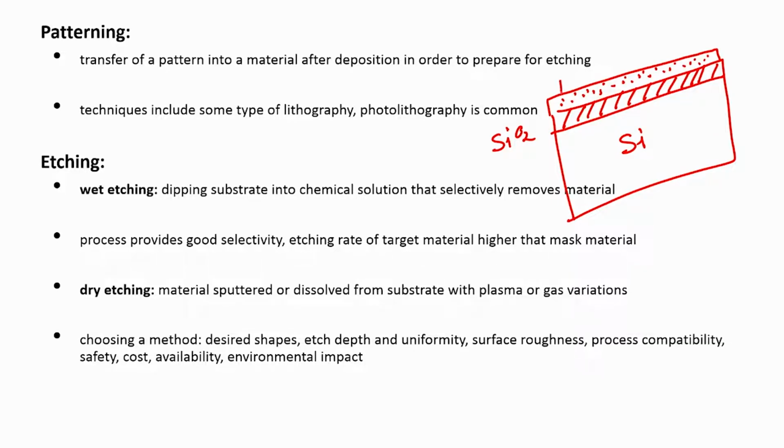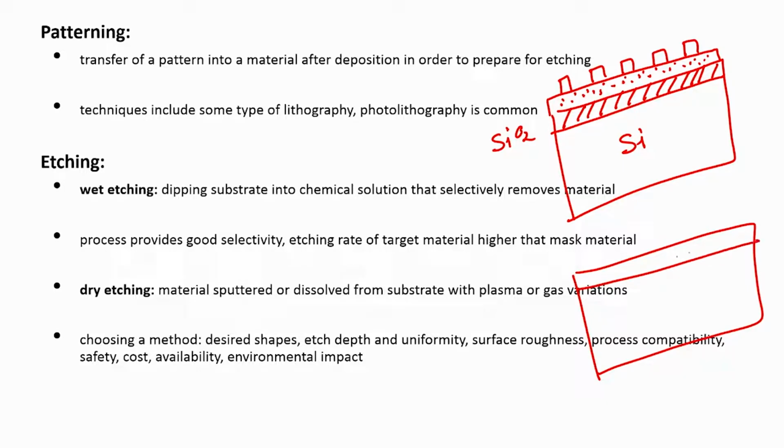Now, I need to protect my nichrome in certain areas, and the remaining area I will want to etch. This protection we can do with photoresist. Finally, what I want is the nichrome present only in this area, and in the other area it should be removed. That removal is called etching.